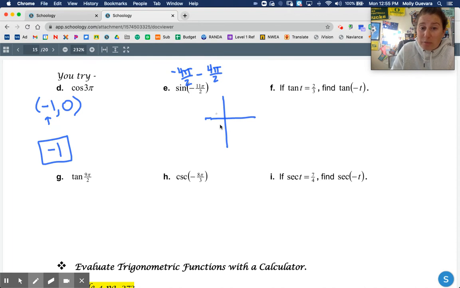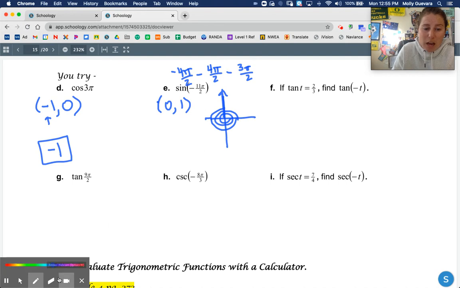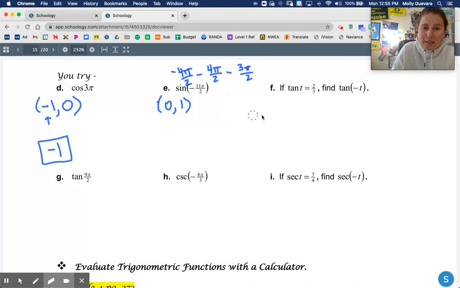So that's around once, that's around twice. And then I have another 3 pi over 2. So then another 3 pi over 2 is here. However you got to that point is swell. That coordinate point is 0, 1. I want the sine value of that, so that is the y coordinate. So in this case, my answer is 1.